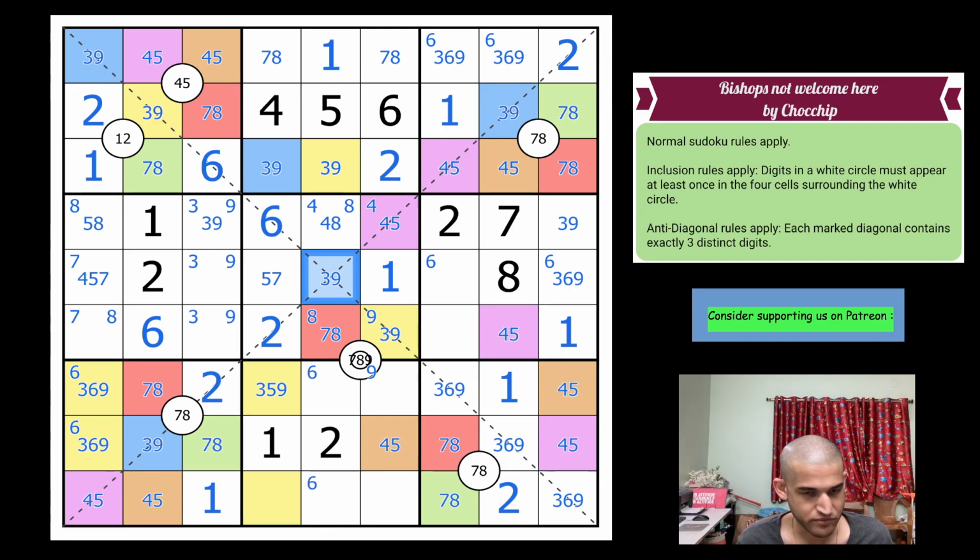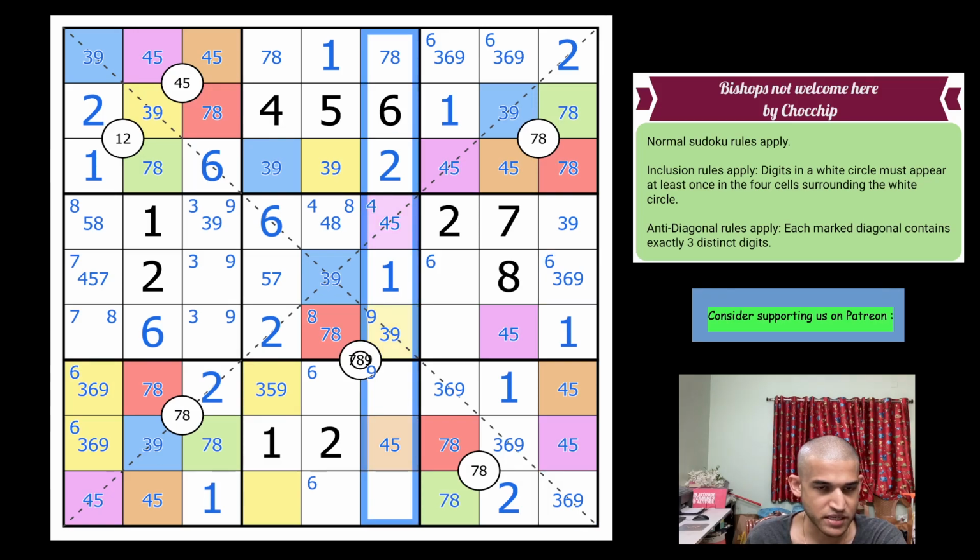Okay, 6 is in one of these two cells. Right, that isn't much. Okay, in this column, the green 7 8 is either in this cell or this cell.